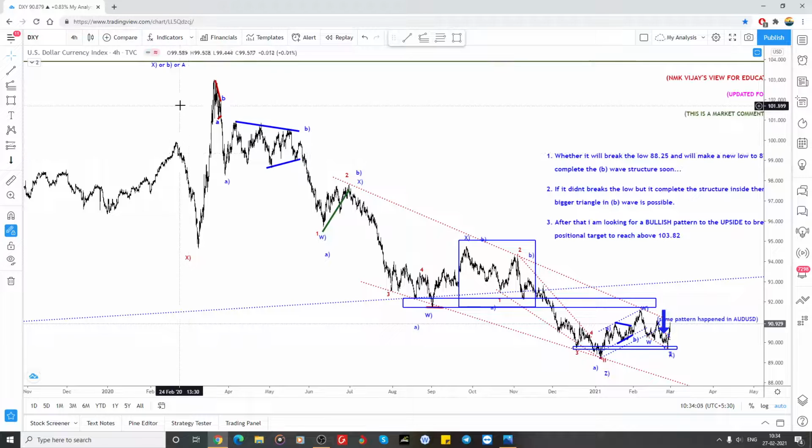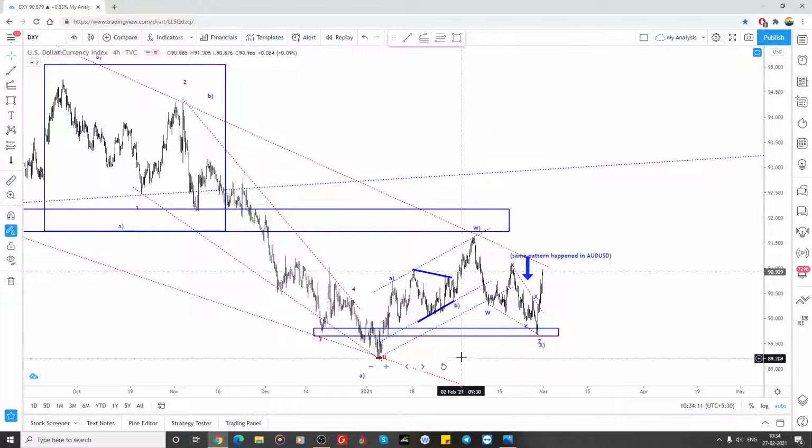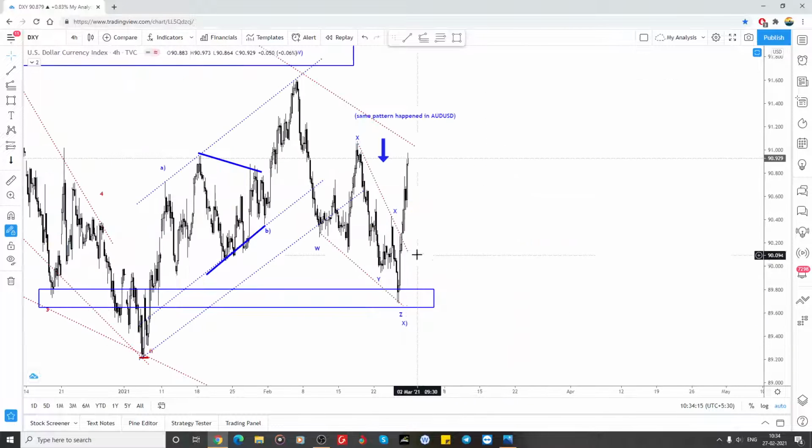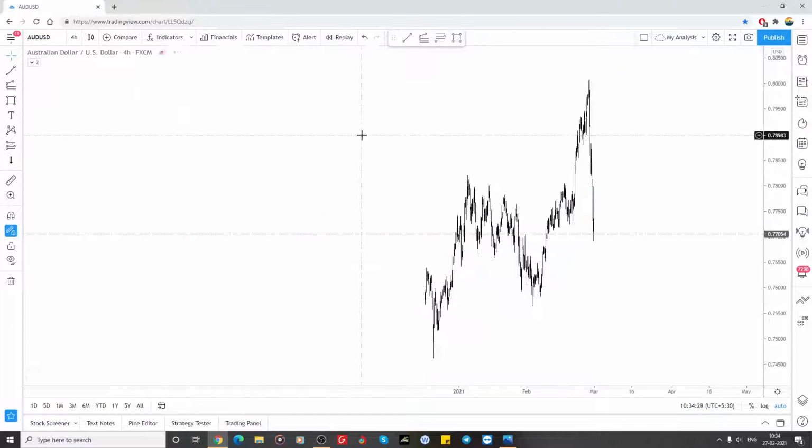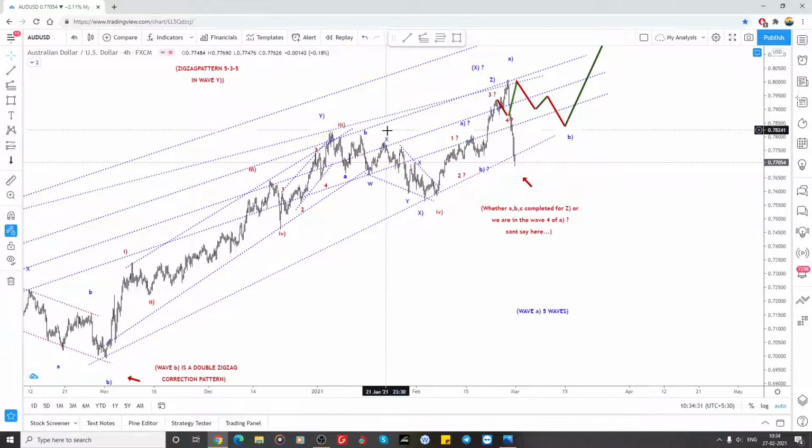What I said, this could be a W, X, A, B and C. So far this low is not yet broken, and according to the fundamental news, it's bullish. DXY didn't make a new low, but in Australian dollar and New Zealand dollar, it made a high.